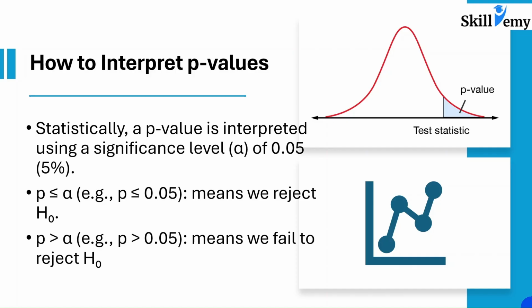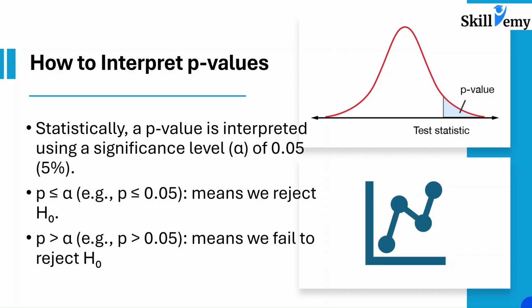Now, when you run an analysis where you have a p-value that is greater than 0.05, it means that your result is not significant, and that means that we fail to reject the null hypothesis.